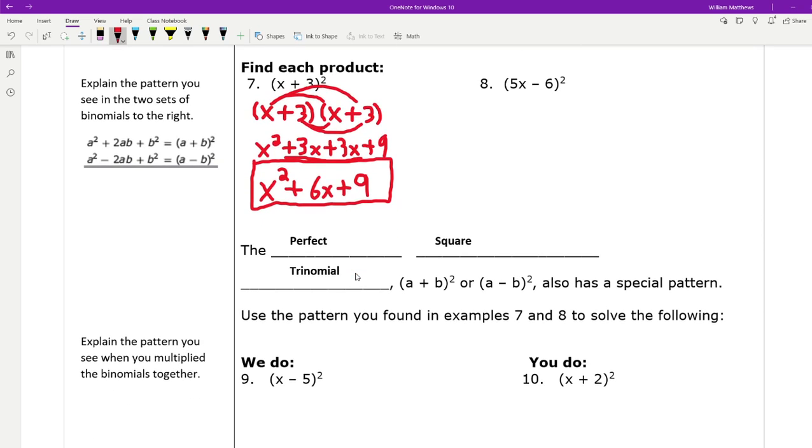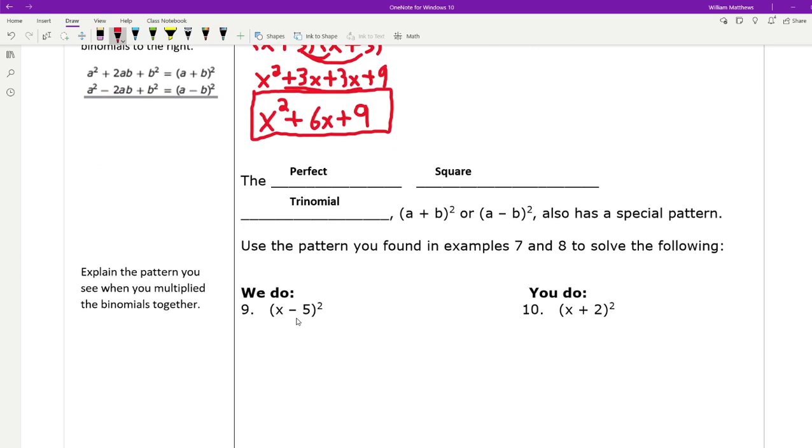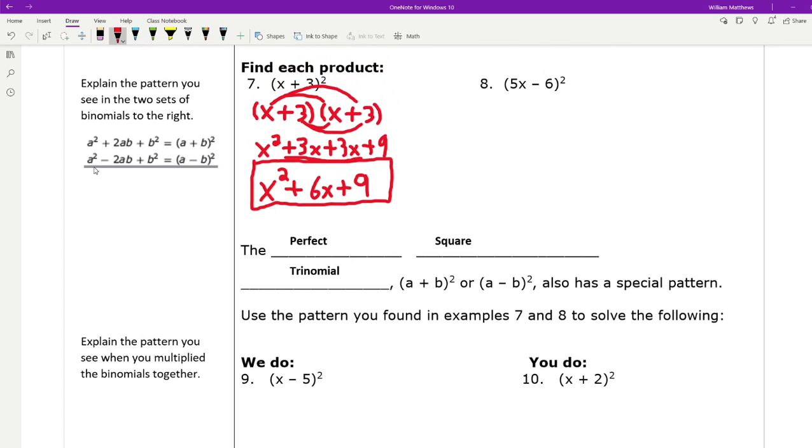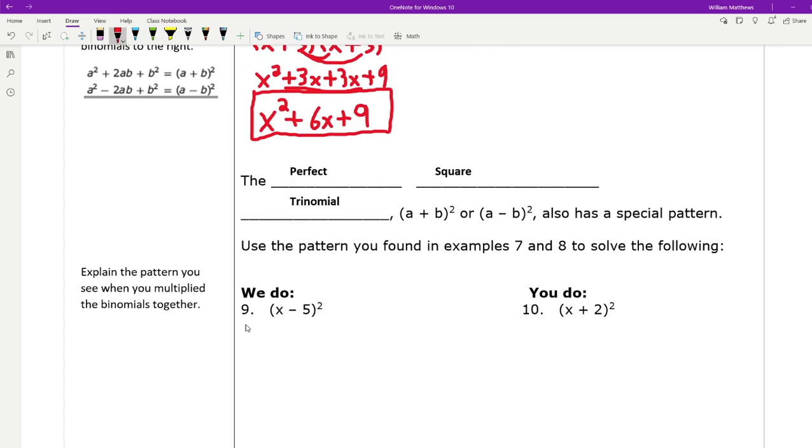So to try to put this into the process, this is a negative. This means that I'm going to use the second equation. Just to write down my parts, my a is x.